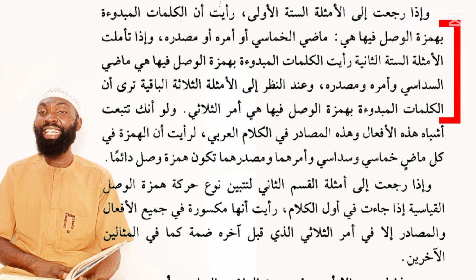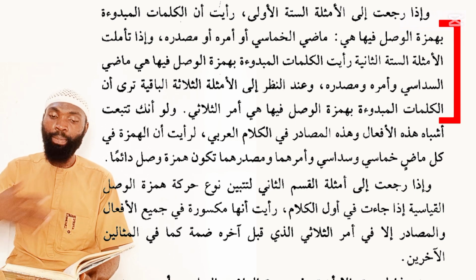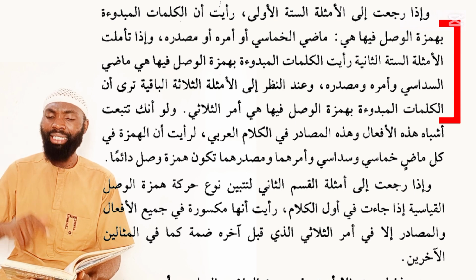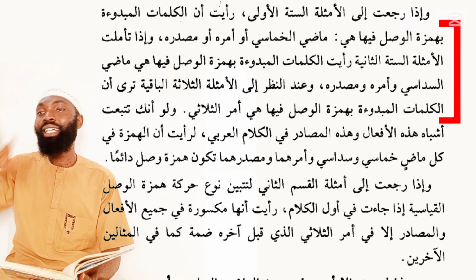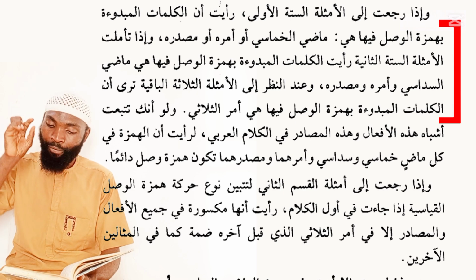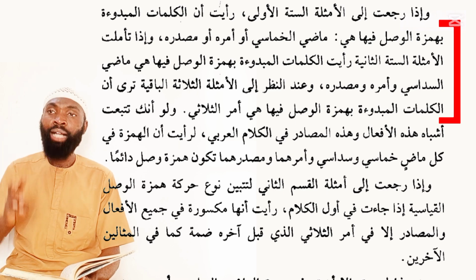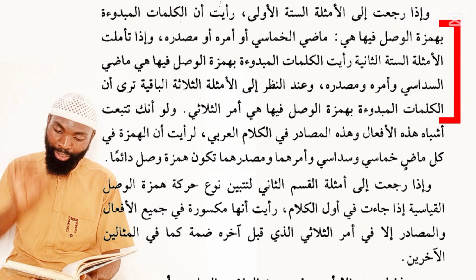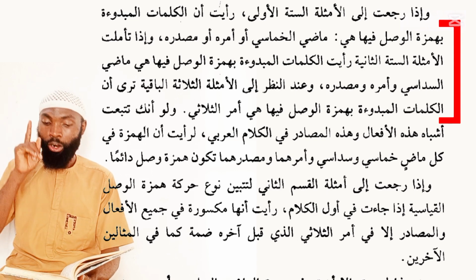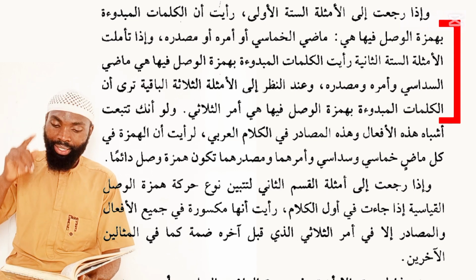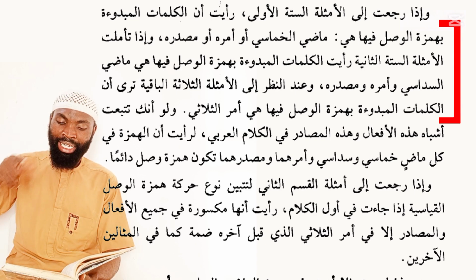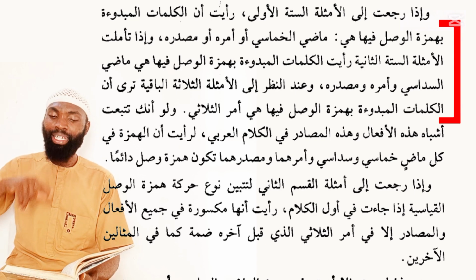If you should study the second 6 examples, رَأَيْتَ الْكَلِمَاتِ الْمَبْدُوءَةَ بِهَمْزَةِ الْوَصْلِ فِيهَا. You will find out that the words which begin with this type of hamza, they are مَاضِي السُّدَاسِي, the past tense of the 6-letter verbs. وَأَمْرُهُ, they are command tenses. وَمَصْدَرِهِ, and also the verbal noun. وَإِنْ نَظَرْتَ إِلَى الْأَمْثِلَةِ الثَّلَاثَةِ الْبَاقِيَةِ.